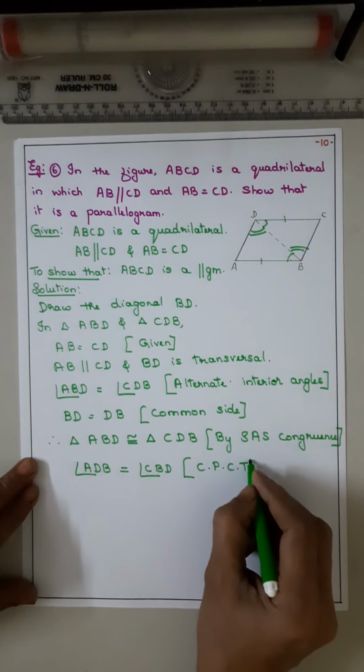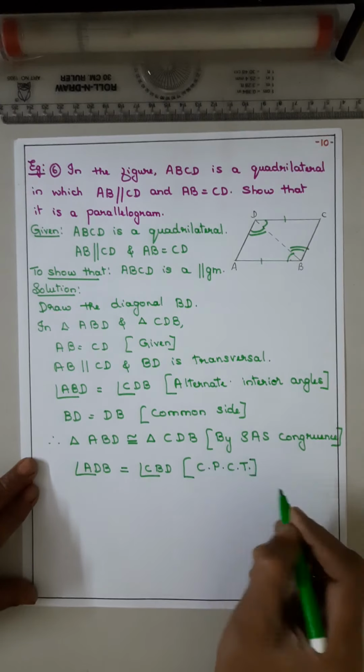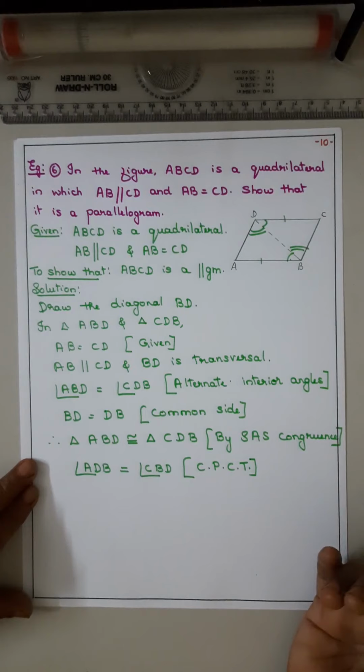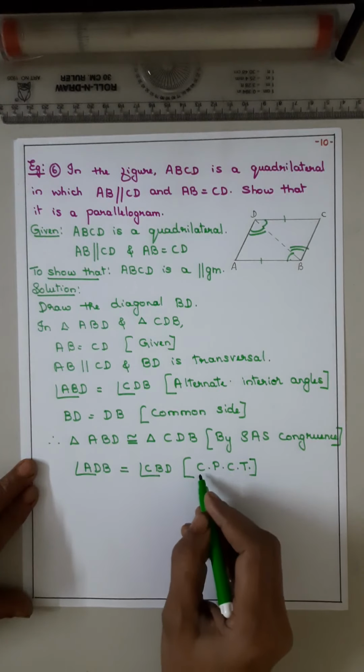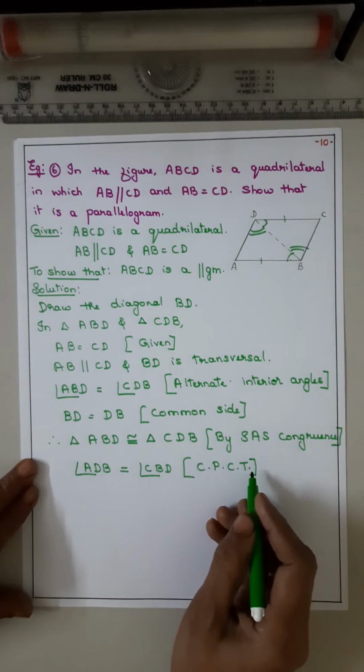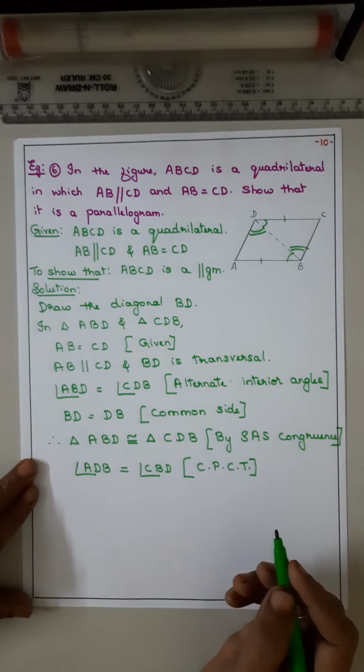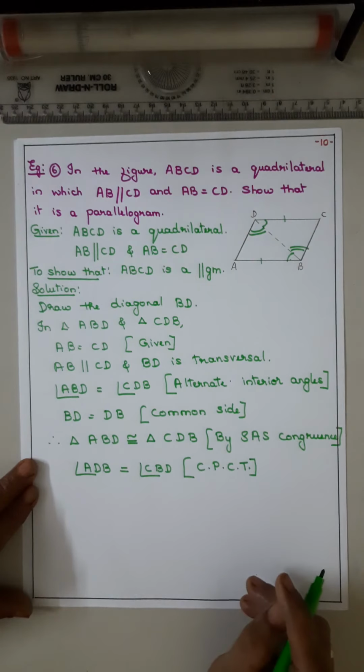CPCT. Once you say the triangles are congruent, the corresponding parts of congruent triangles, CPCT. So other things also will be equal.